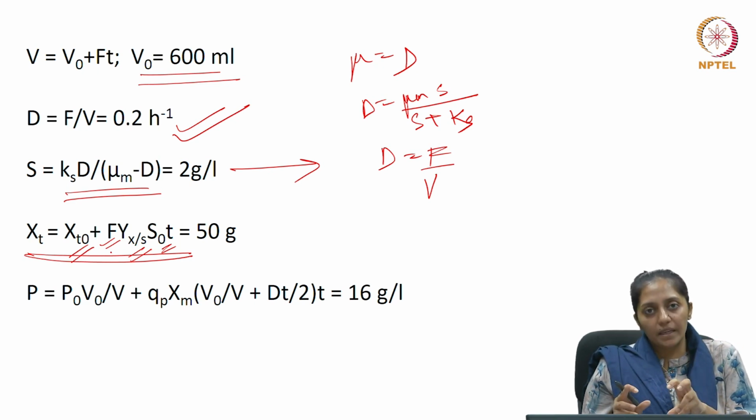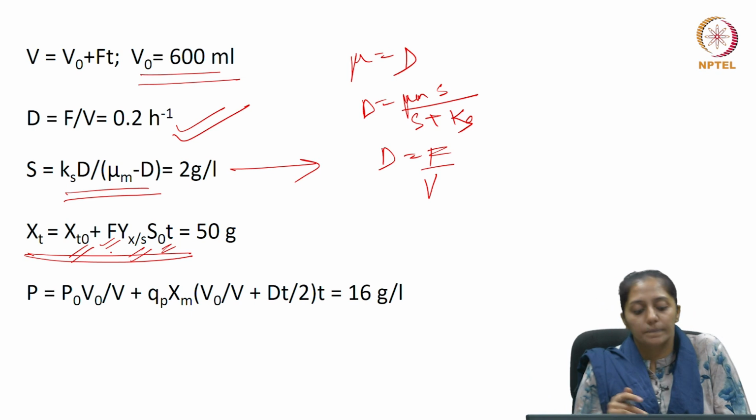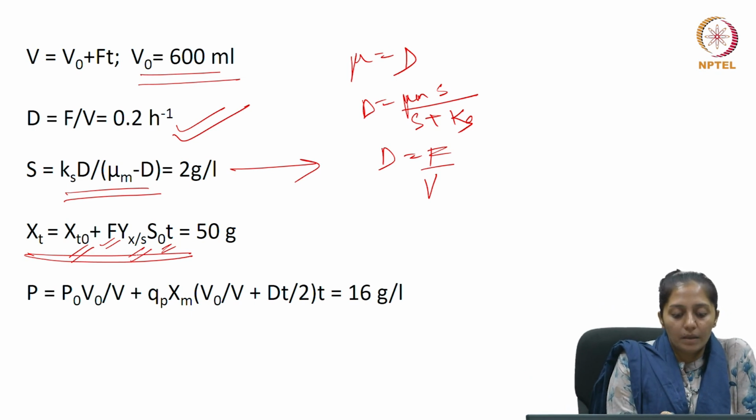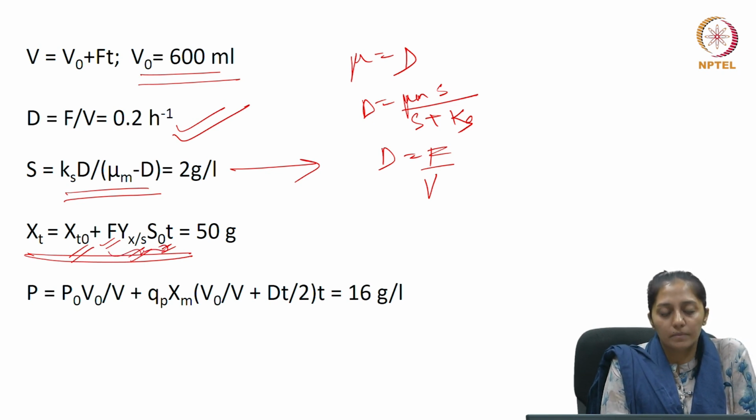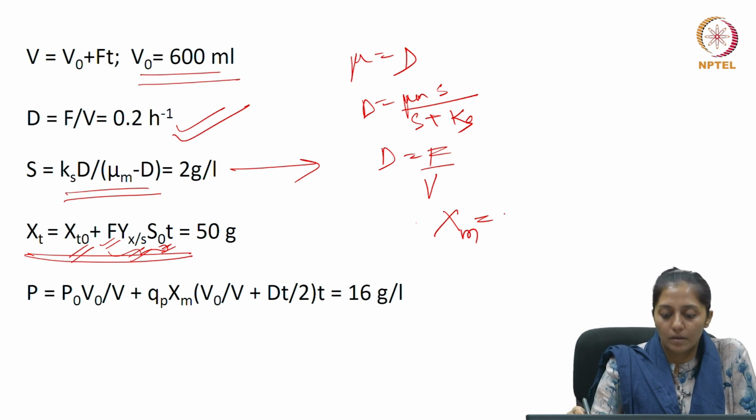So, whatever is coming in once the quasi steady state started is getting utilized. So, this is the maximum biomass concentration, which is given as Yx by S, S naught.